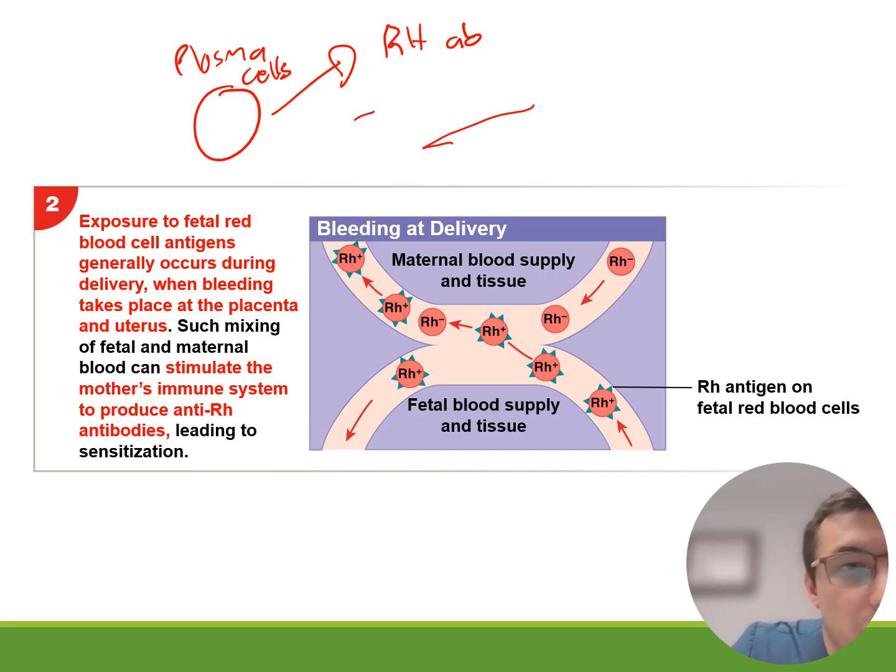So exposure to those red blood cell antigens of Rh during bleeding, either because of placental abruption, where there is bleeding and cross contamination, teaches the plasma cells within the mother to start creating antibodies against the Rh surface antigen, which she doesn't have. So it wouldn't affect her because she doesn't have the Rh surface antigen. She was Rh negative to begin with.